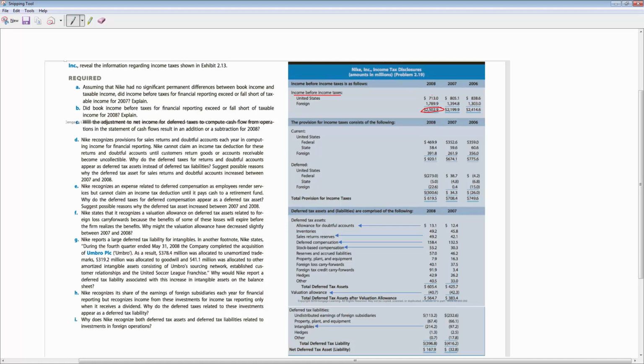By intuition, if the company makes more money, it should pay more tax, right? So the company should pay more tax to the foreign governments than to the states.